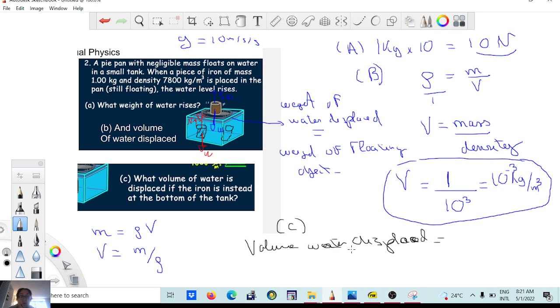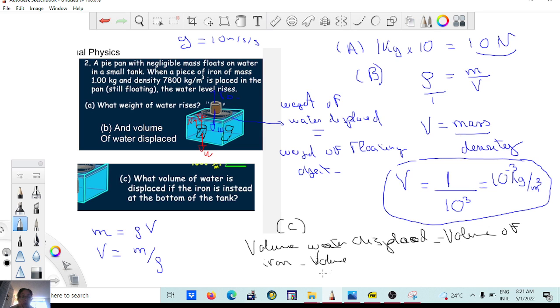And how can we find the volume of the iron piece? We use that equation again, volume.